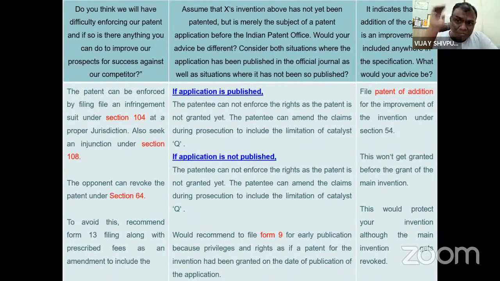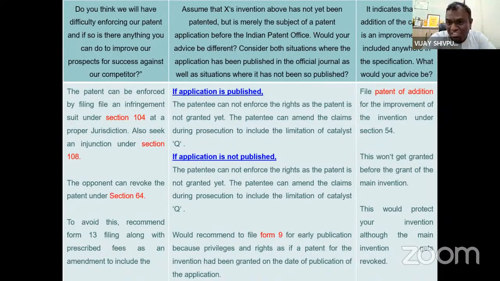For the burden of proof, when it is on the defendant, once the case is filed, the defendant against whom the case is filed will have to prove that his process is non-infringing.